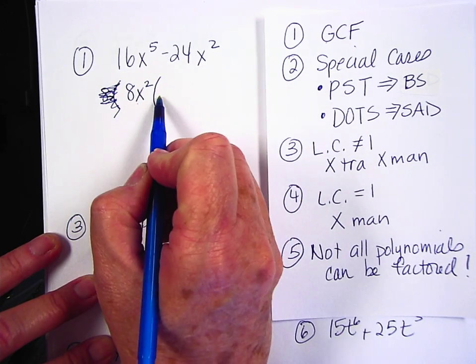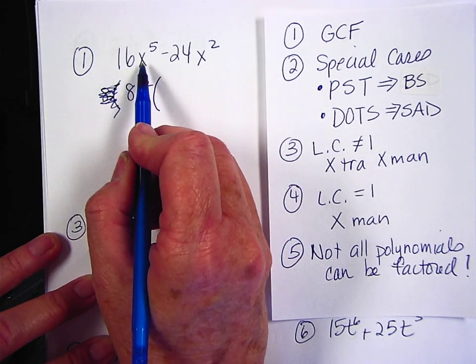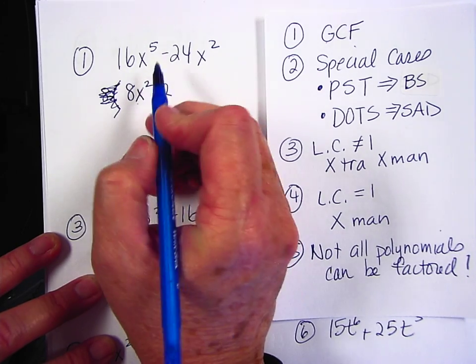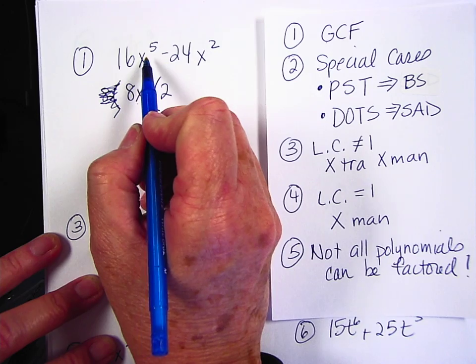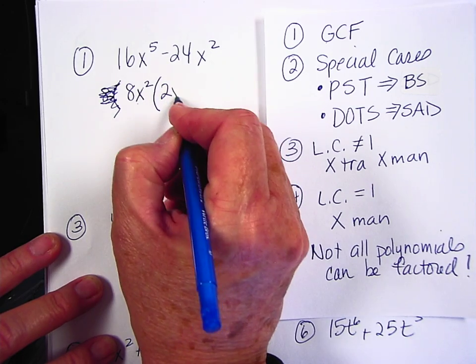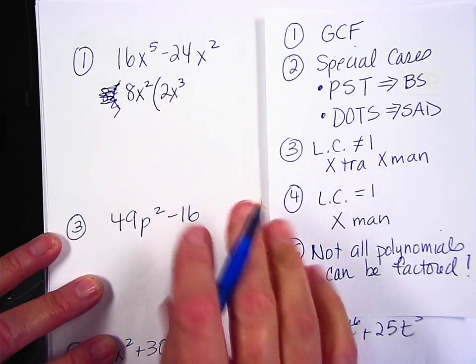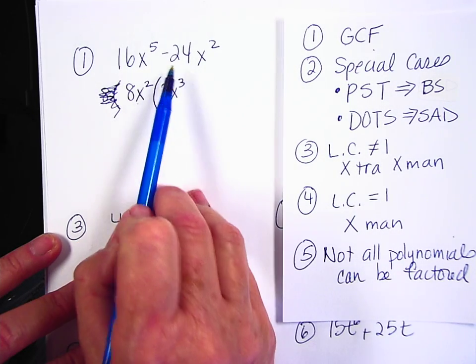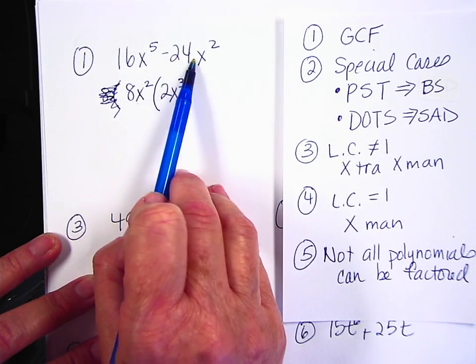So 8x squared times what equals 16x to the 5th? Well, 8 times 2 is 16. And if I have x squared here and I want it to equal x to the 5th, I need 3 more x's. Okay, now 8x squared times what is negative 24x squared?